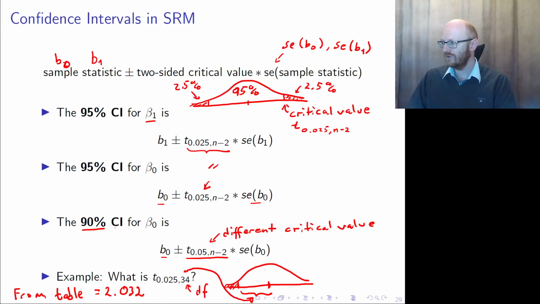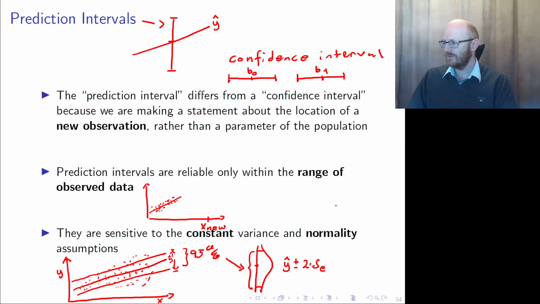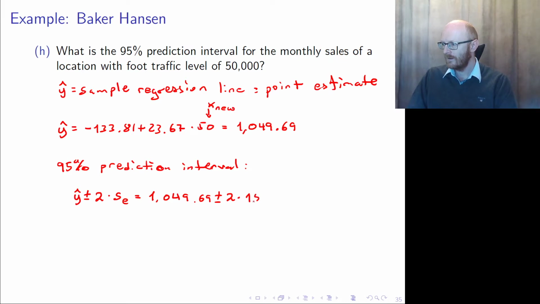We found the root MSE, root mean squared error, is 150.54, which gives us a range from 749 point, let's check my numbers, until 1351.8.